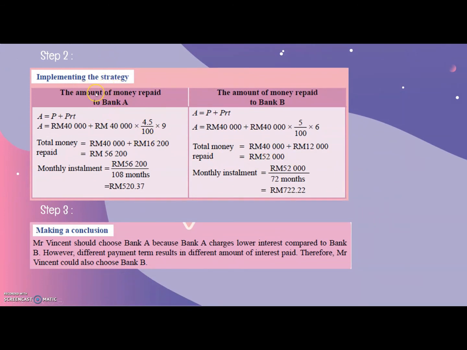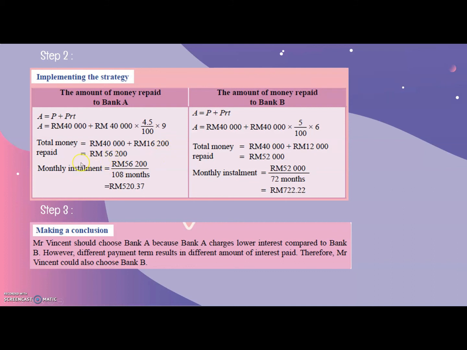So this is the amount repaid to bank A and the amount of money repaid to bank B. Insert it into the formula A equals P plus PRT, for bank B. So it equals 40,000 plus 40,000 times 4.5% over 100 times 9, equals 40,000 plus 16,200 ringgit.